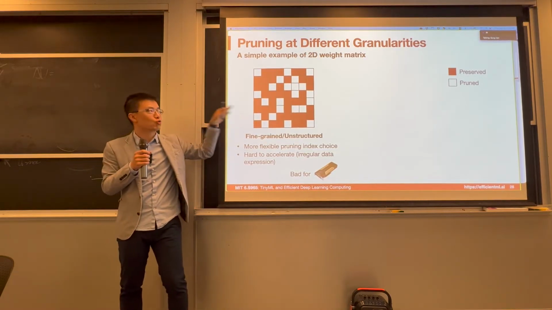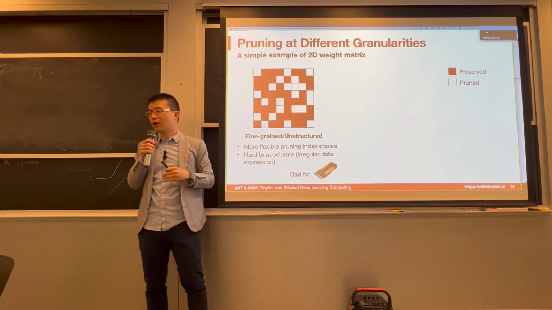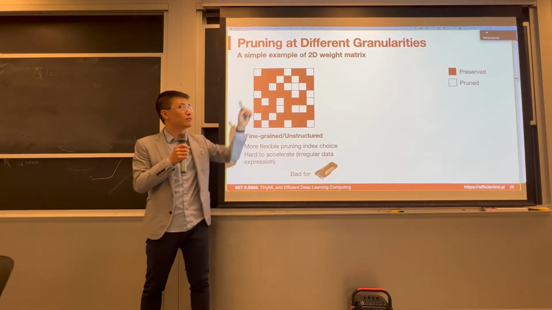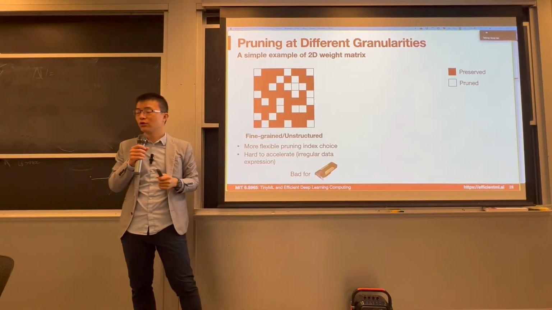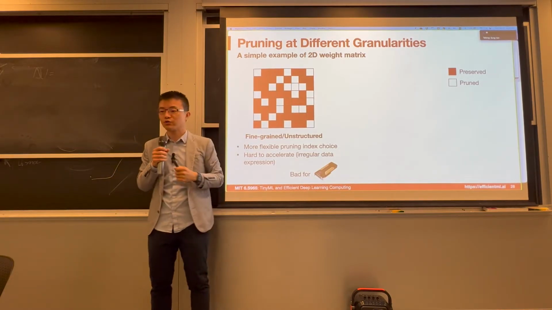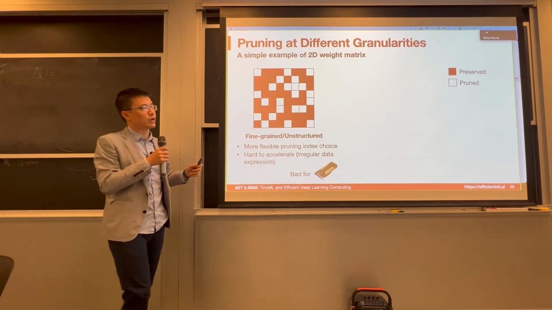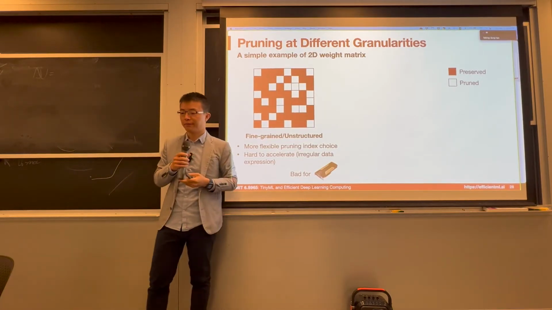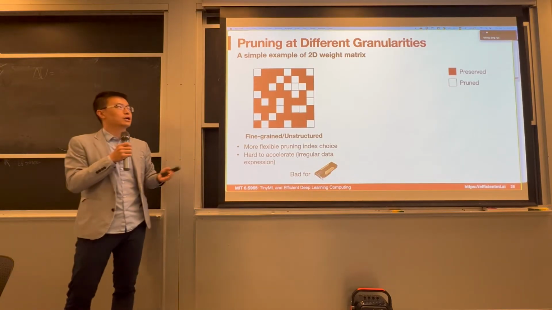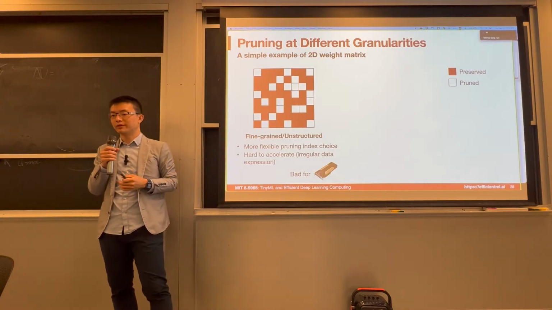In order to store this matrix, you not only have to store those weights, but also their positions, either using the COO format, giving the X and Y index, or using the CSR or CSC format, those sparse representations. So there's overhead. However, with specialized hardware, you can build a hardware accelerator that directly runs on this sparse matrix vector multiplication.